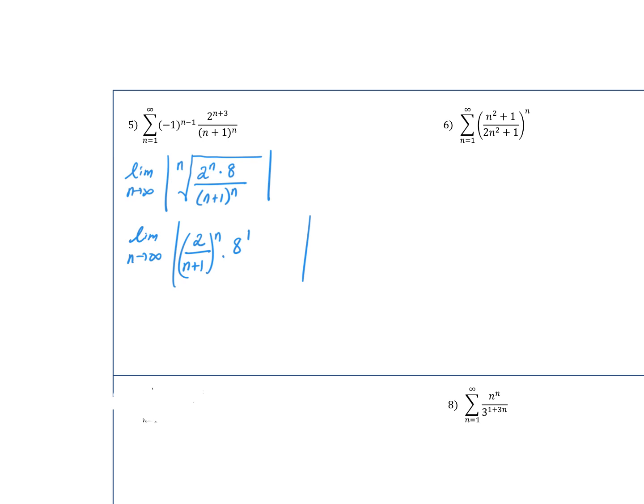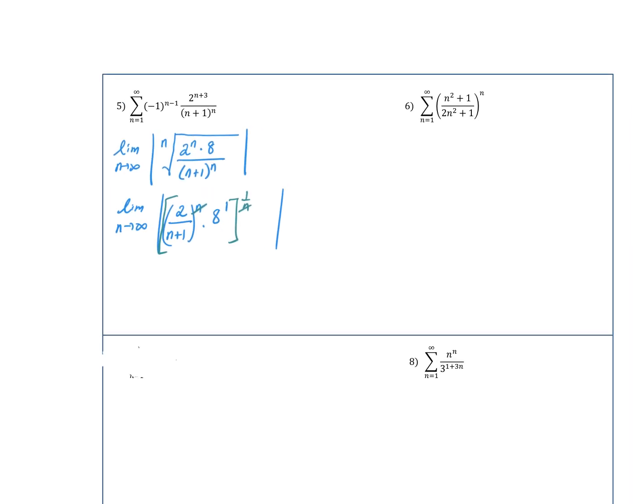And I'm taking the nth root, so I'm going to raise this to the 1 over nth power. This cancels with this, and then this needs to be raised to that power. So we're going to get the limit as n goes to infinity of 8 to the 1 over n, and then 2 over n plus 1.